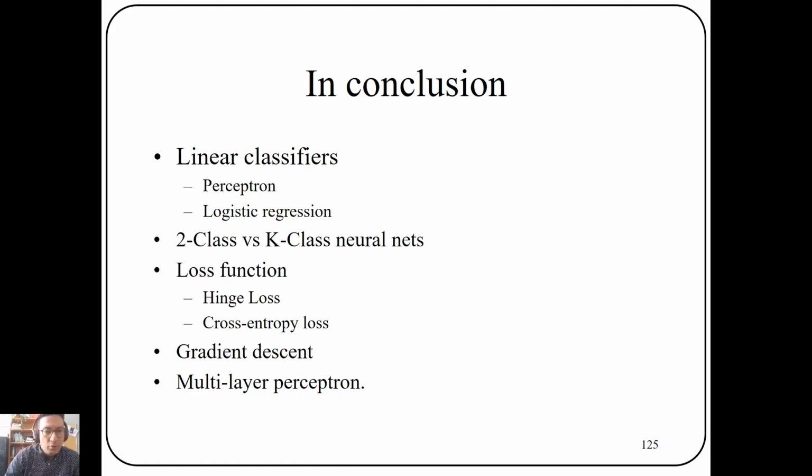We have seen how to account for k classes and what kind of loss functions can be used to train these neural networks through gradient descent. And we finished with the so-called multi-layer perceptron, which allows us to separate data that are nonlinearly separable.